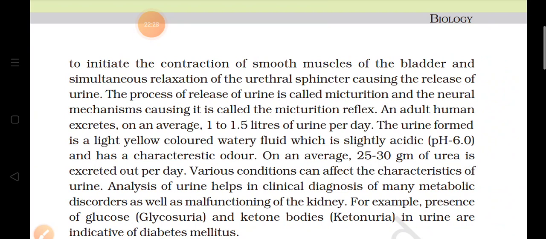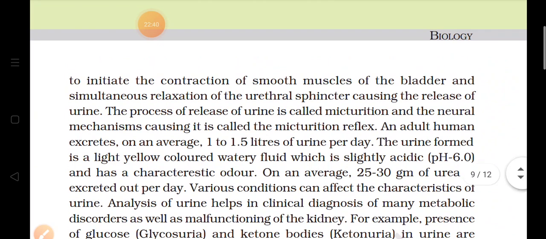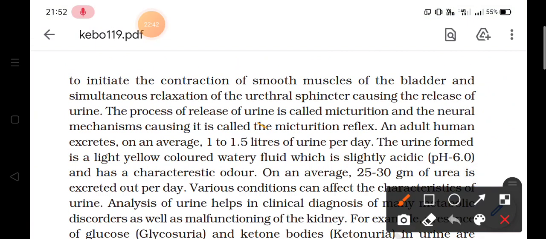So there will be this removal of the urine from the body, and this process of release of urine is called micturition, and the neural mechanism is called the micturition reflex, because this is under the control of the CNS. The bladder sends a message to the CNS.